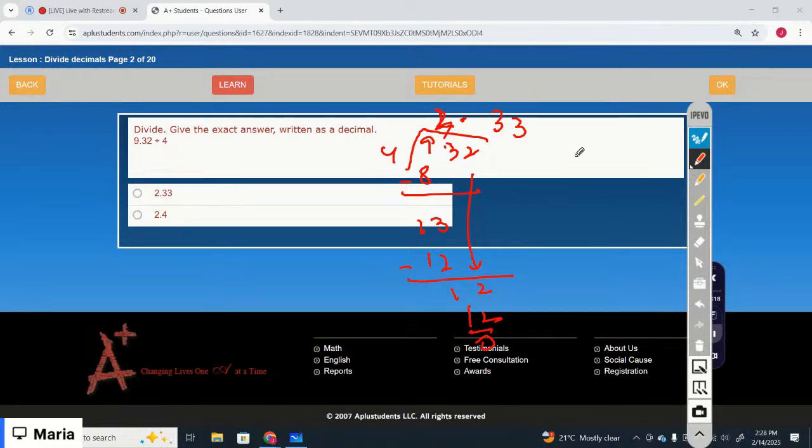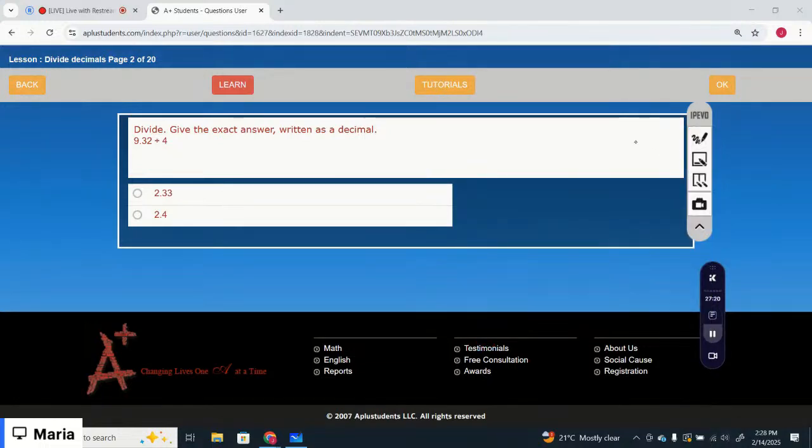Option number 1 is the correct option. That is 2.33.